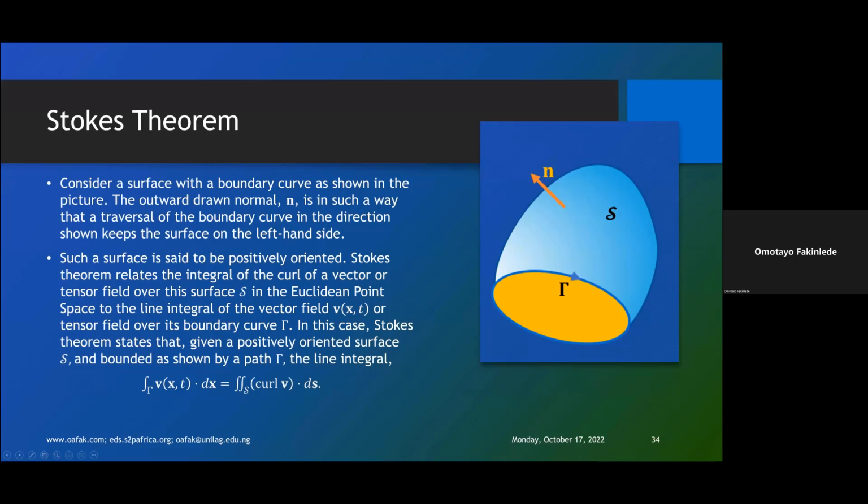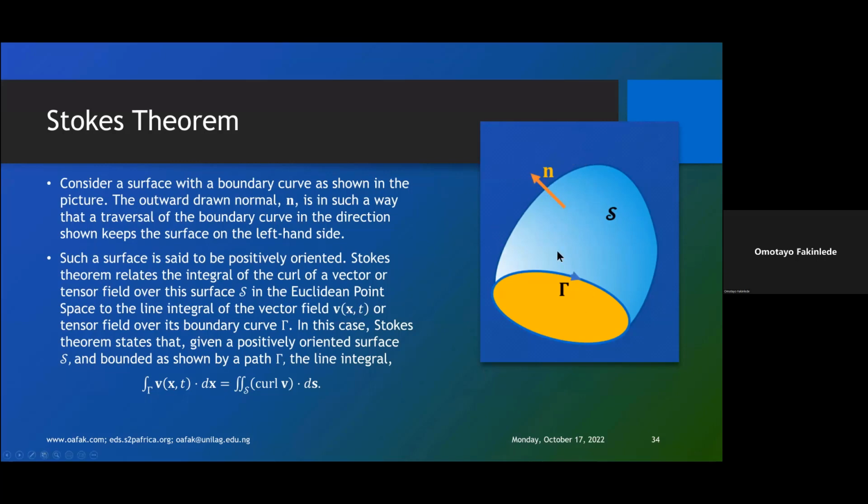And then the surface of the cap itself is what I labeled as S. That thing that looks orange or yellow or gold is inside the cap. And at any point, there is an outwardly drawn normal.